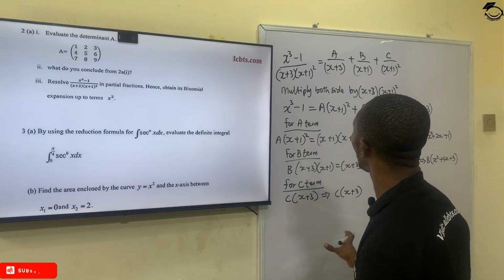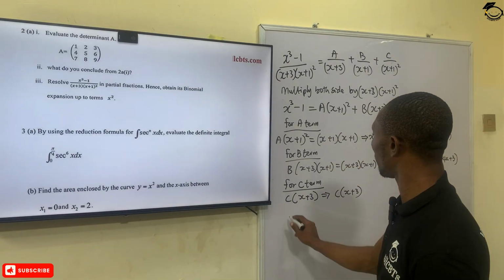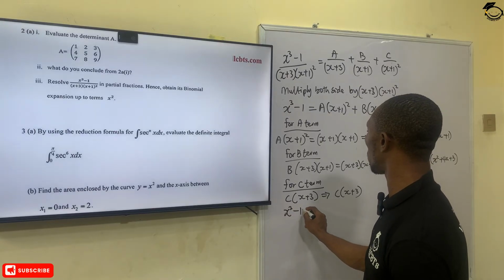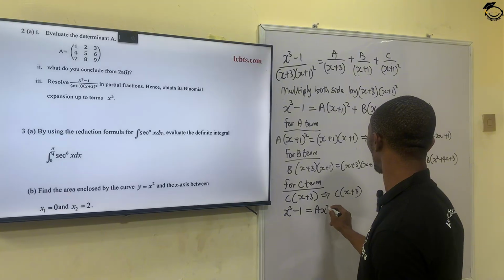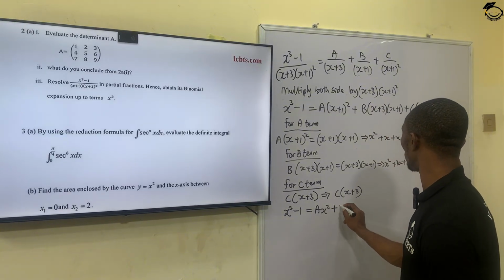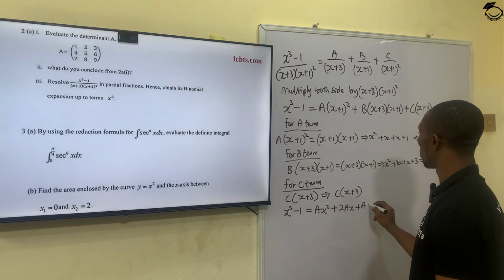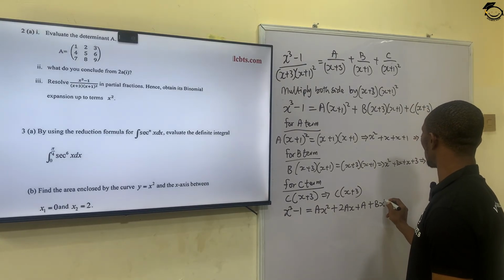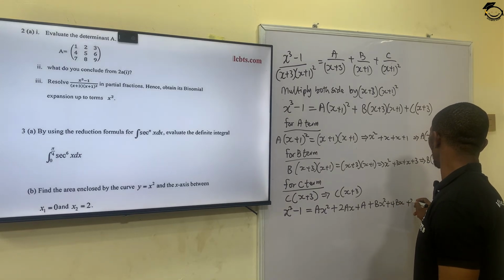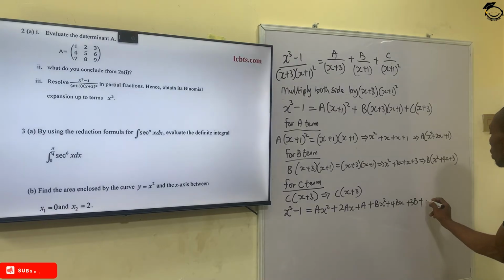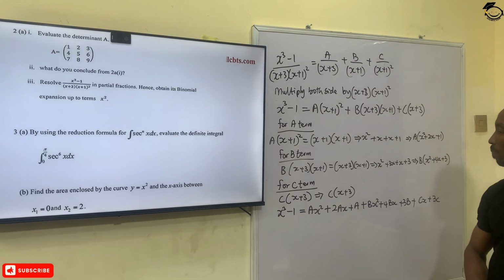Now, we'll bring our three terms together. Bringing our three terms together, we have x cubed minus 1 equals A x squared plus 2Ax plus A, plus Bx squared plus 4Bx plus 3B, plus Cx plus 3C.